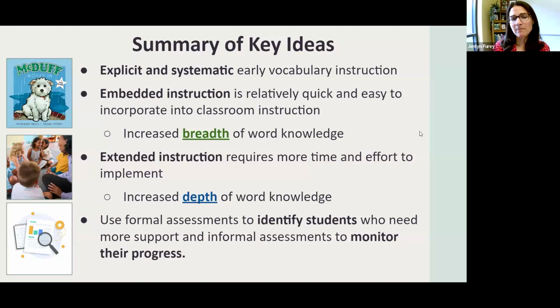We recommend a combined approach of both reading, introducing books through storybook reading, and then also extending that instruction through these follow-up activities. And then finally, we recommend using formal assessment to identify students who need more support, and informal formative assessment to monitor their progress.